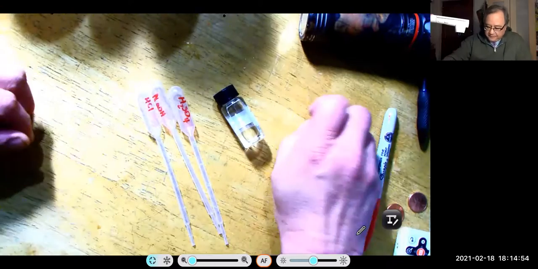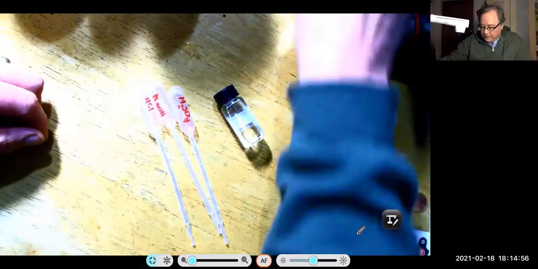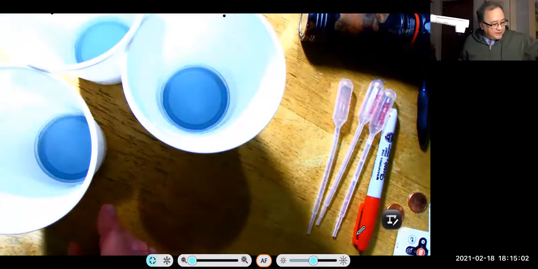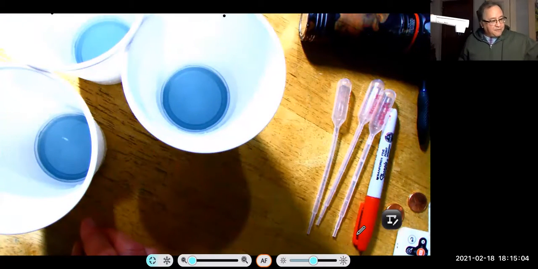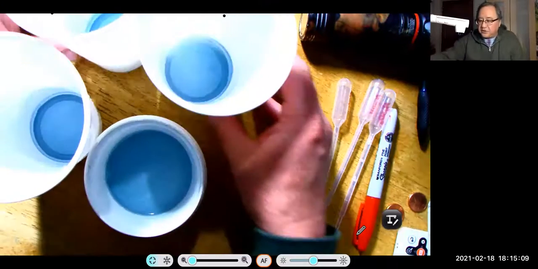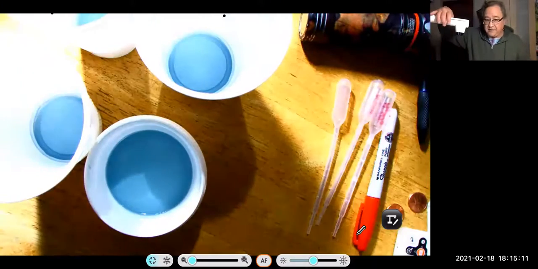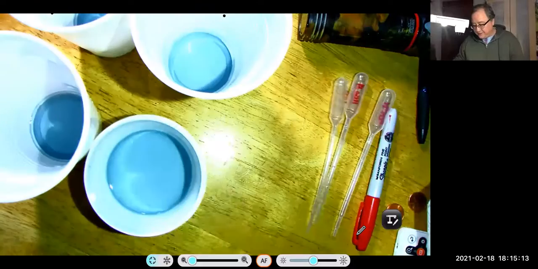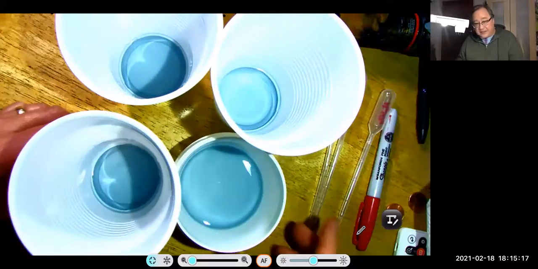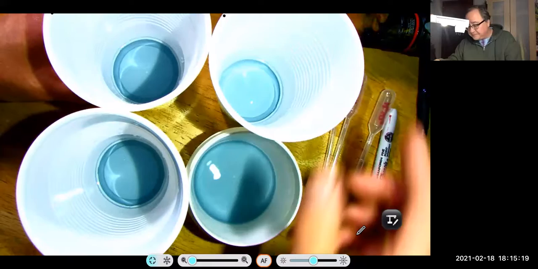Okay, so here you want 4 containers, and I only have 3, so I'm going to cheat and use this as my 4th container right here. And I'm going to turn the light on this thing so that maybe we can see all 4 containers at the same time, and we can see that the colors are pretty much the same.